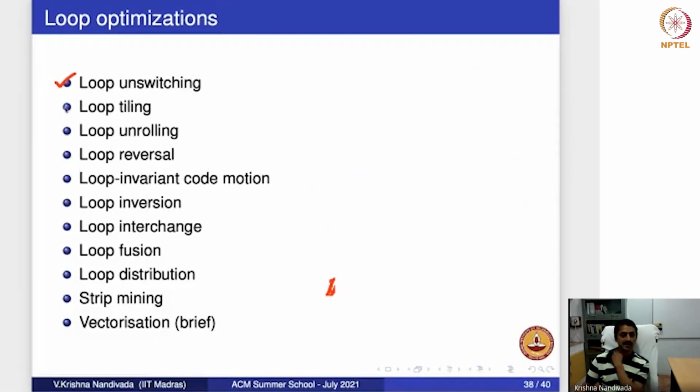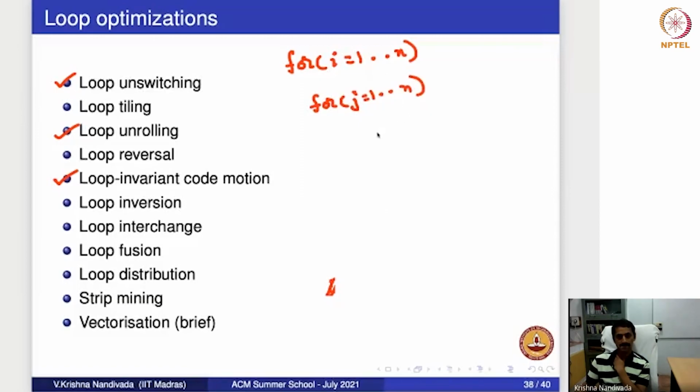Let us say I have a loop that looks like this, and some code that goes over A sub ij, like a matrix multiplication, something that repeatedly accesses A sub ij.